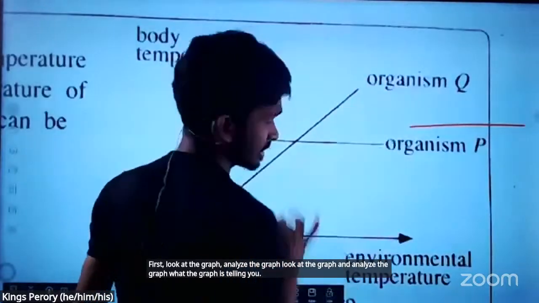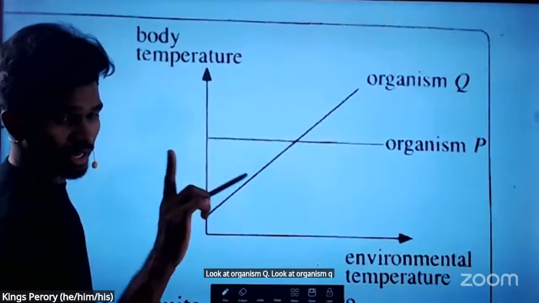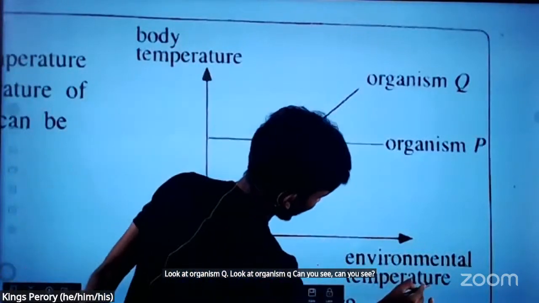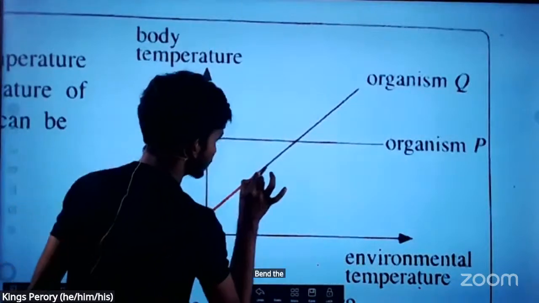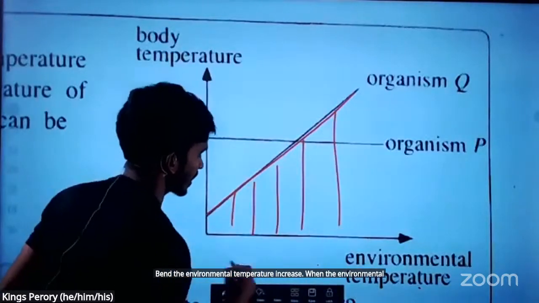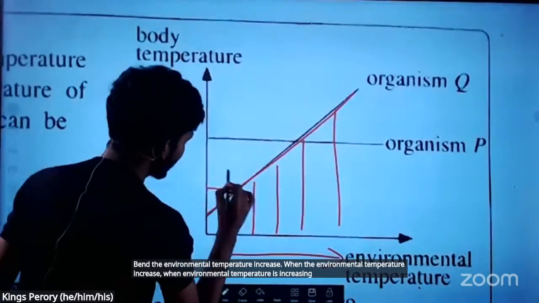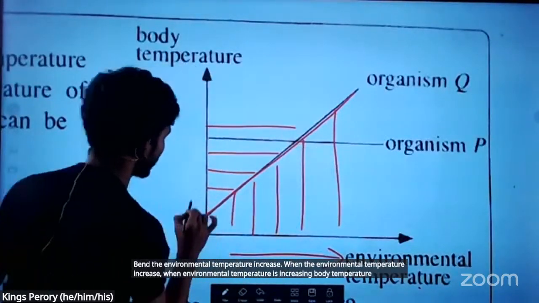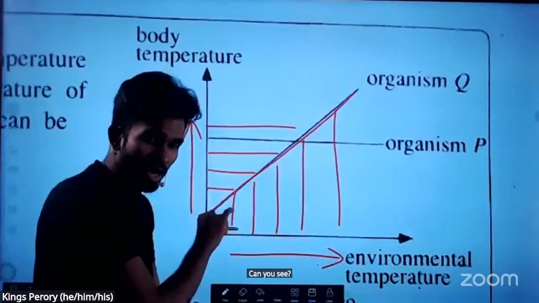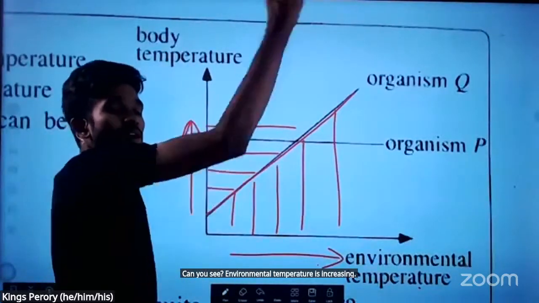Look at organism Q. Can you see, when the environmental temperature is increasing, the body temperature of Q is also increasing?